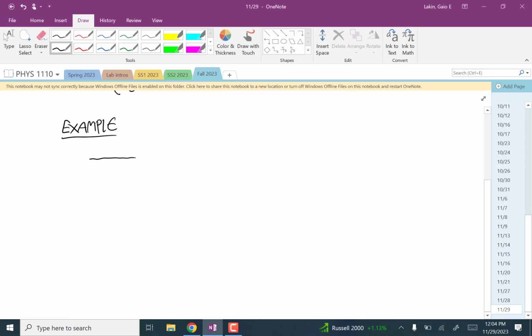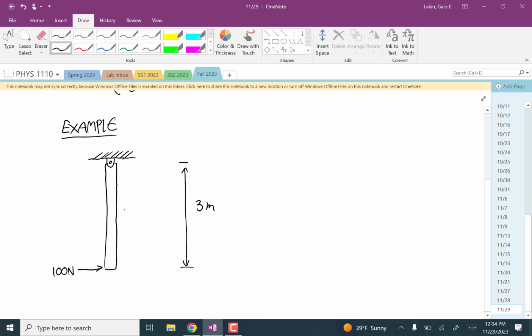Here's the first one. Let's say we have this object that's 3 meters long, and we're applying a force to it down here of 100 newtons.